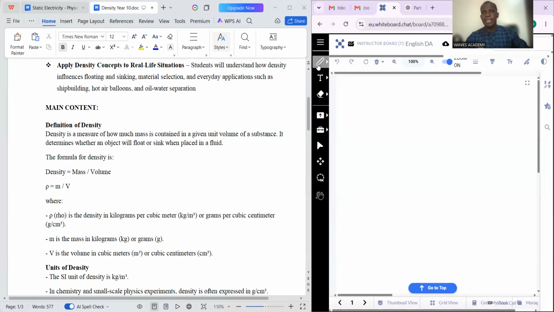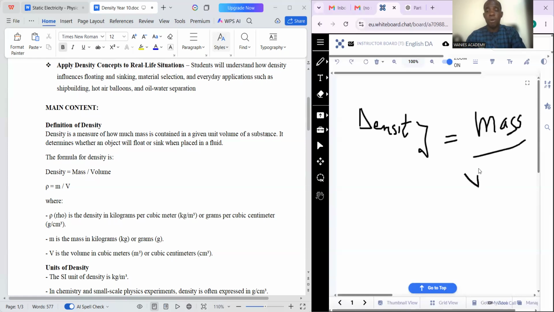Density is equal to the mass of the object divided by the volume of the object. So density is mass over volume, M over V.